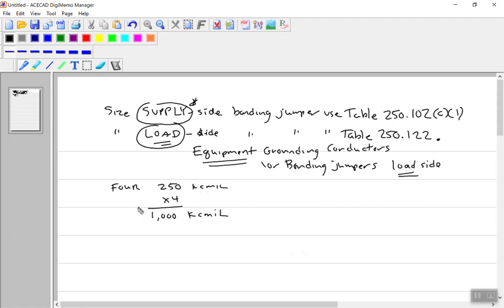So that's in essence the supply side service if it was not parallel. But in this case it is parallel, because those four are in parallel. So in that case, we'd go to the table and simply look up the 1,000 kcmil.